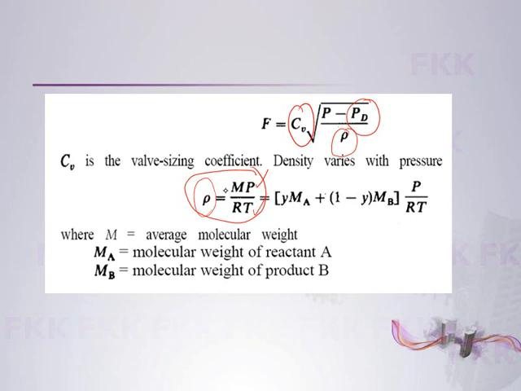Your density for the gas system will always change by using PV equal to nRT, because you have volume, pressure, and temperature. And if the gas is not following PV equal to nRT, then you should actually consider the equation of state.